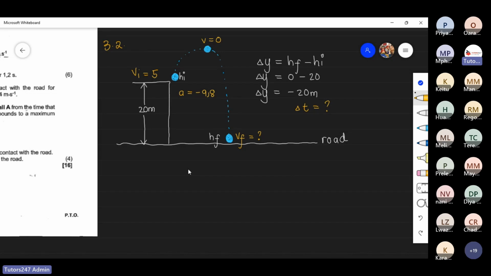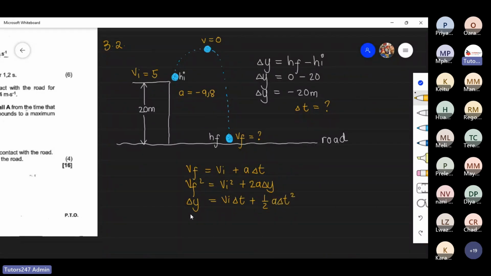So our formulas are VF equals VI plus A delta T. We've got VF squared equals VI squared plus 2A delta Y. We have delta Y equals VI delta T plus 1 over 2 A delta T squared.